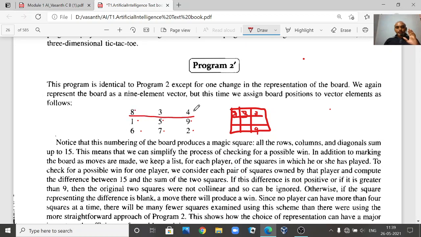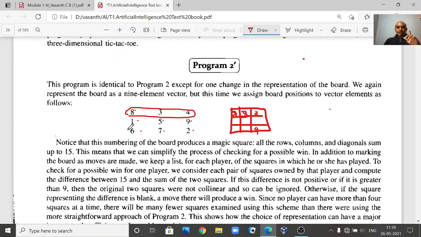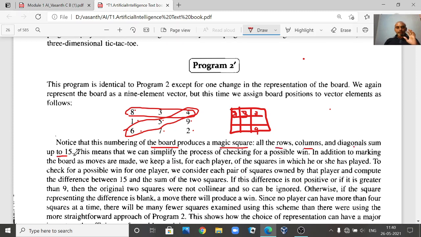If you sum diagonally, you also get 15. Either horizontally, vertically or diagonally, the sum is 15. So numbering your board this way produces a magic square. All rows, columns and diagonals sum up to 15.